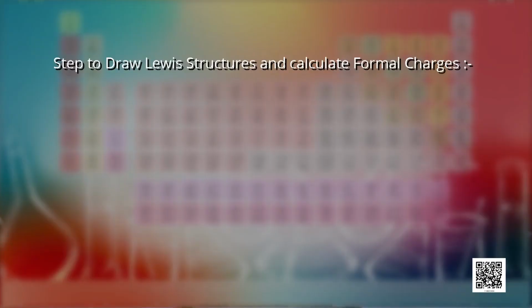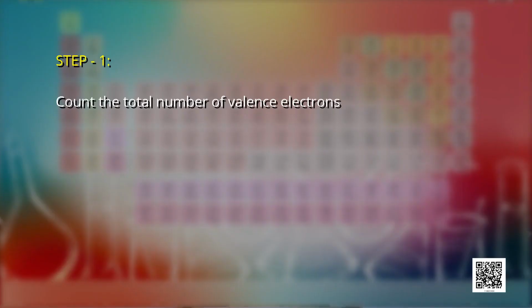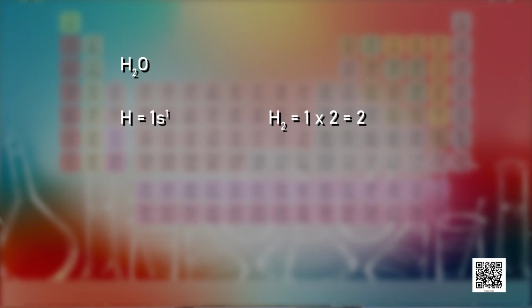Now let us understand step by step how to draw Lewis structures and calculate formal charges. Well, now pick up your notebooks and start doing with me. Yes, step 1 is we need to first count the total number of valence electrons. Now for example, if we take water, as you can see on the screen, H2O.